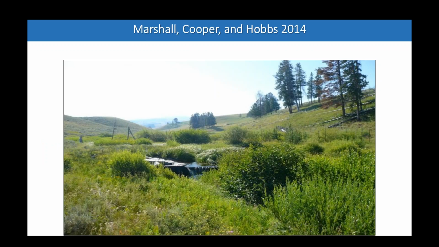Here is an exclosure that Kristen Marshall has in the park, and this is one of their experiments. They found no significant difference in growth in height, for example, of the willows, and also in other processes involving the willows, between the willows that were completely protected from herbivory and those that were exposed to herbivory.